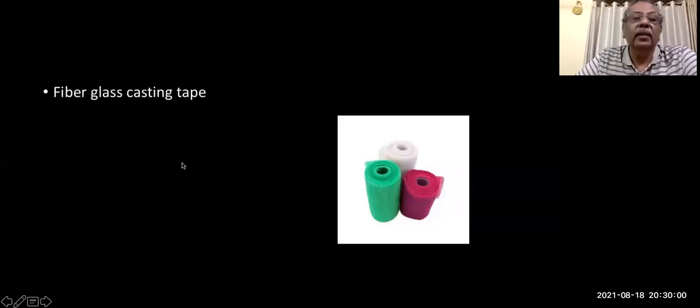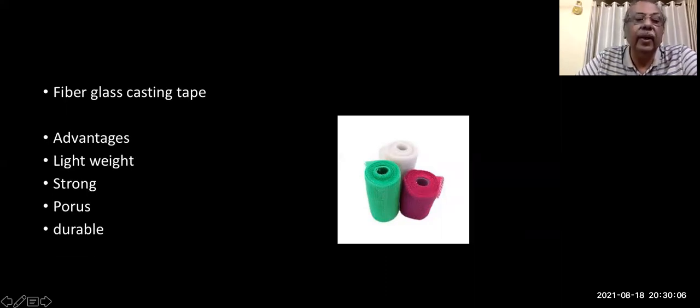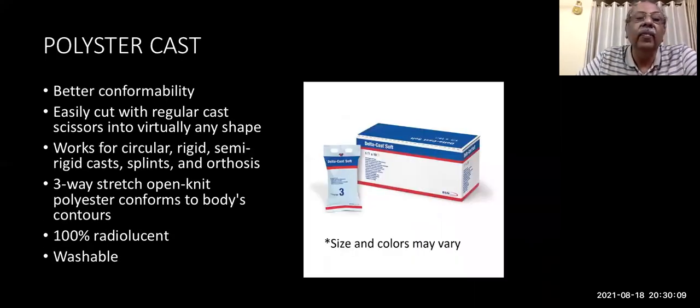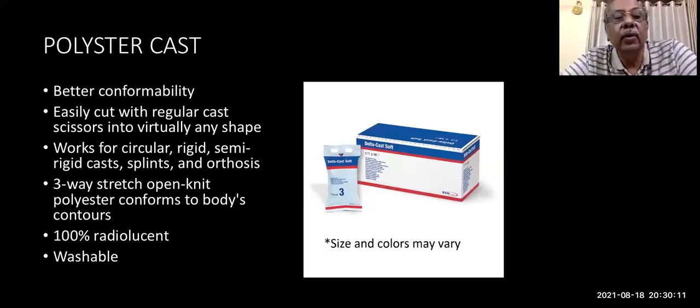Then modern plasters will be there, like the fiberglass casting tape. The advantages: they are lightweight, strong, porous, and durable. And nowadays, polyester casts are also available because they have better conformability and are easy to cut with regular cast scissors into virtually any shape.